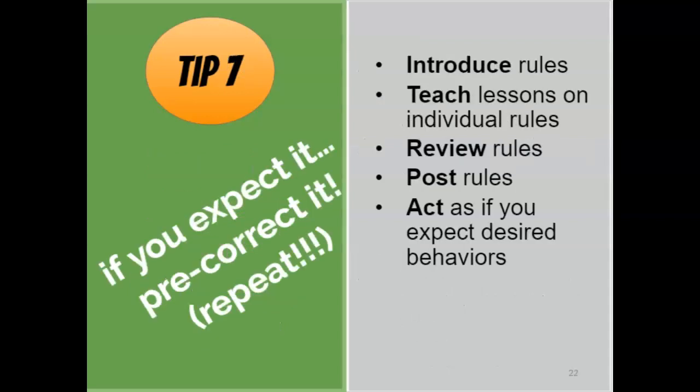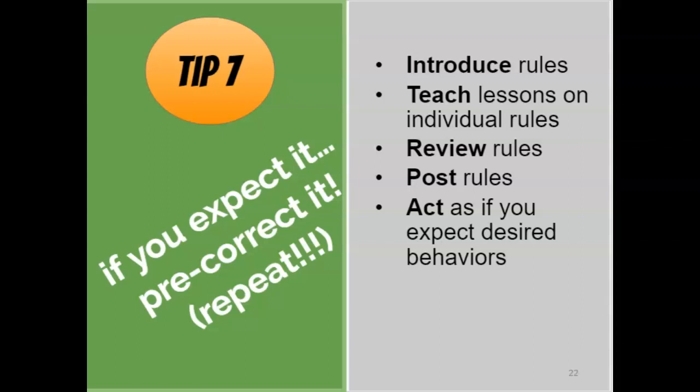We want to make sure that when we are teaching goals and rules, that we're pre-correcting so that we're constantly reviewing, not just in August and then expect everyone to get it, but that we are all year long pre-correcting by reminding students of the procedures, the rules, the goals of learning, so that they know exactly what's expected at each part of the day. And it's just a quick, positive, proactive way to keep us moving forward.